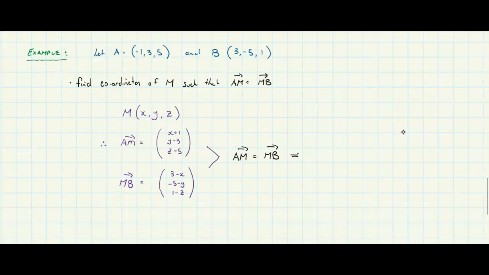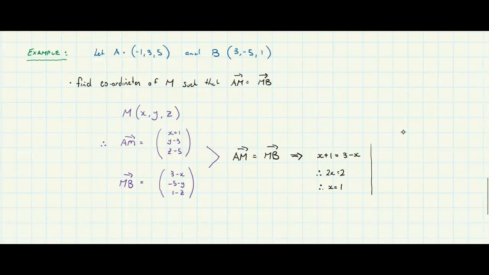So therefore, what that means is that my X coordinates have to be equal. So X plus 1 has to equal 3 minus X. So from that we get 2X, beg your pardon, 2X is equal to 2. So therefore X is equal to 1.